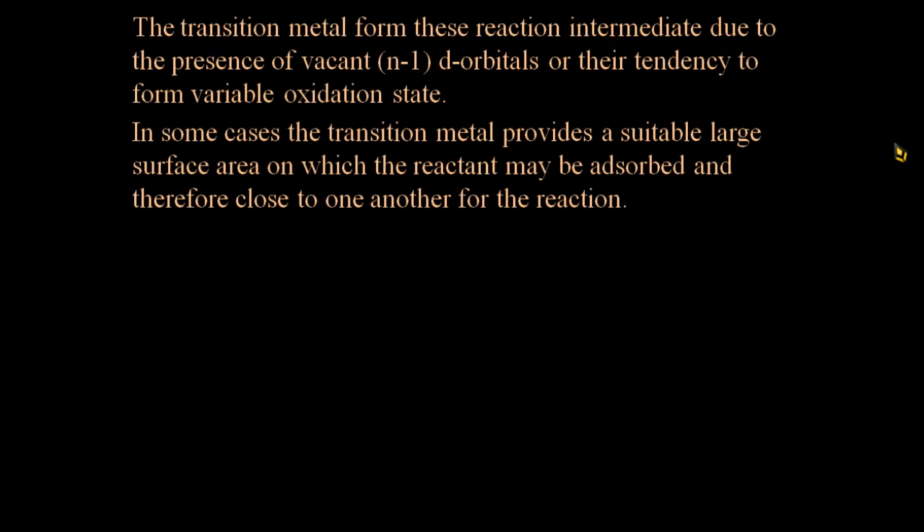Because of that surface area, the concentration of the reactants increases. They come closer and react easily. So this is the role of a catalyst, and this role is well played by transition metal ions, or their compounds, or the transition metals. So they behave as good catalysts and show catalytic properties.